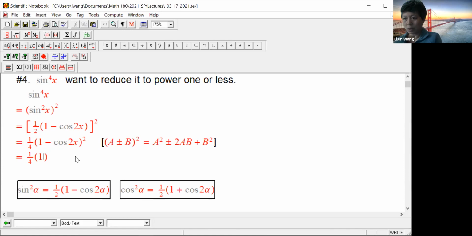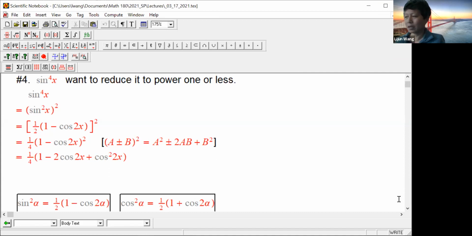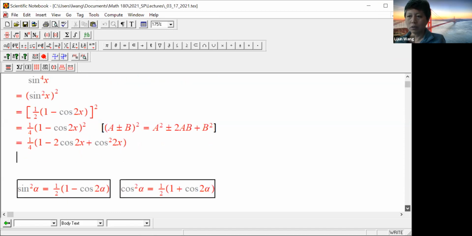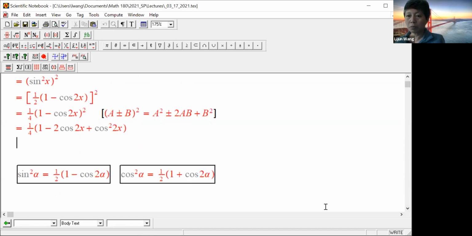So here you're going to get 1 squared, which is 1, minus 2 times cosine 2x, plus cosine squared 2x. You can see this expression blossomed, right? Bloomed into more pieces, like flower buds.